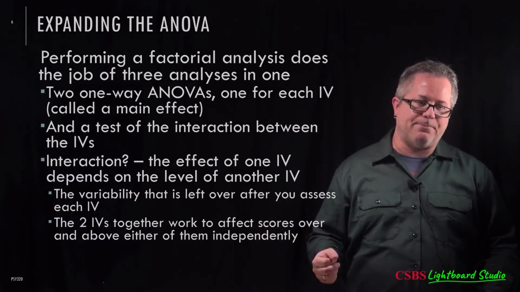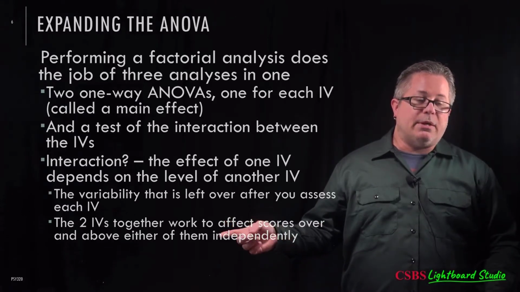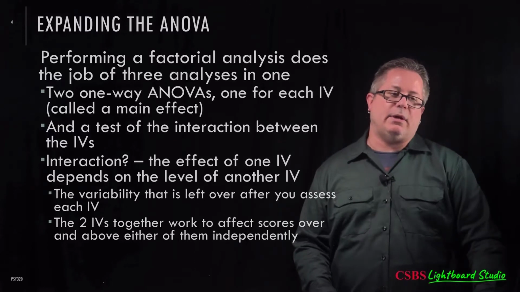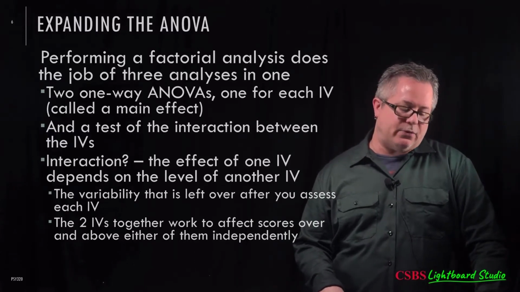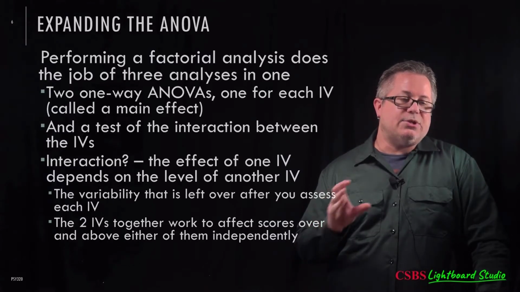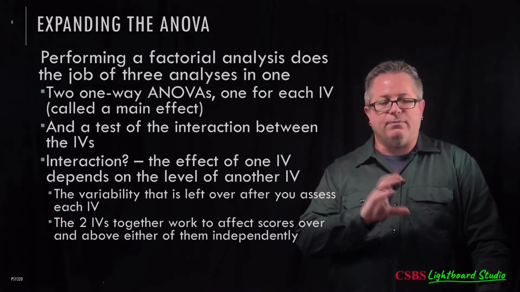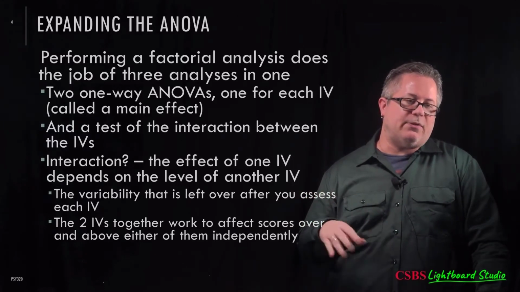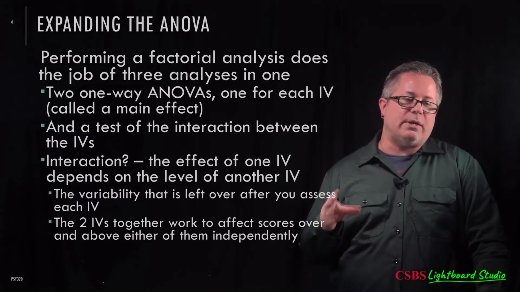So let's unpack that. Because we test the main effects for each one independently of the other, and independent of the interaction, we are testing to see if the differences between the video games, or the differences between the genders, are significant.